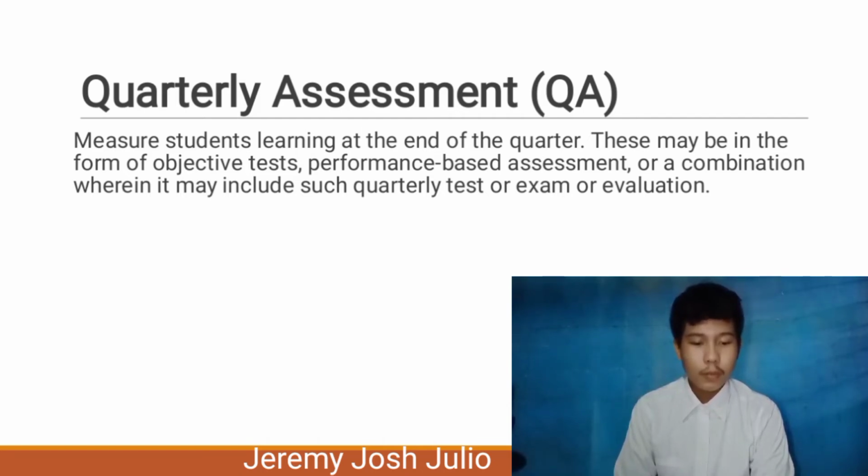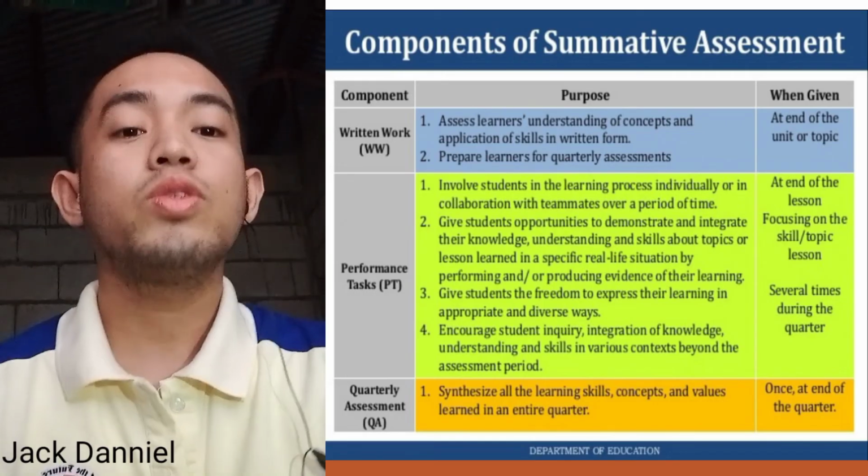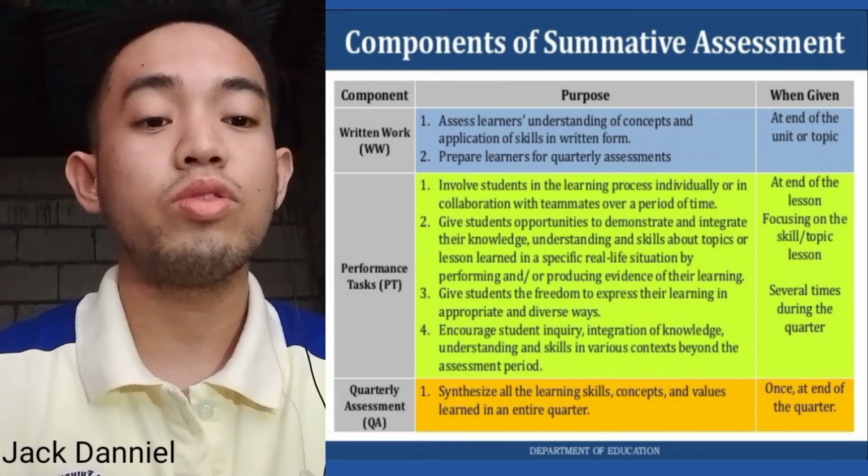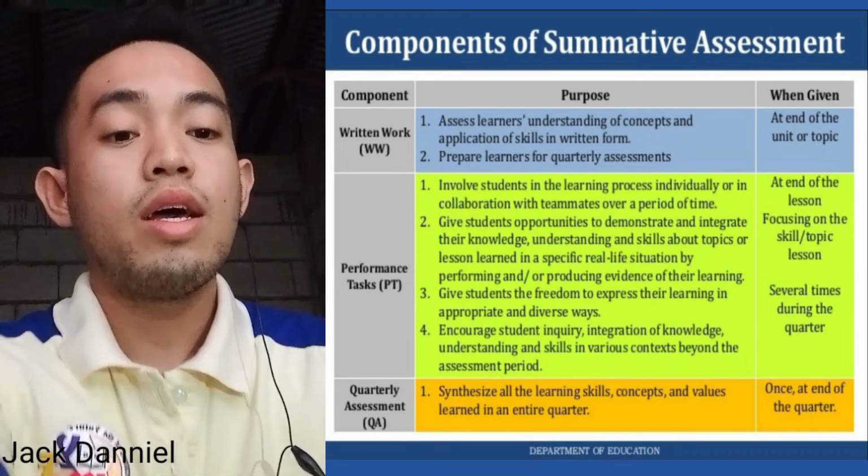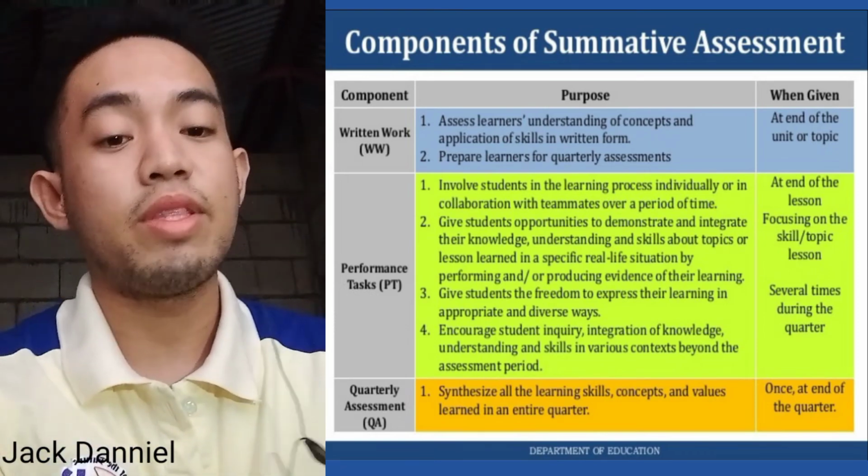The quarterly exam will be a cumulative exam that includes material from the entire first marking period. And the last, a final examination is a test given to students at the end of the course of study or training. So this is a summary of the table to clearly show you the three components of summative assessment.